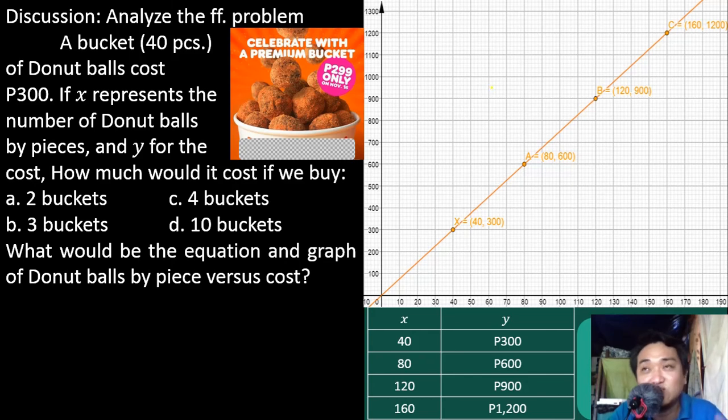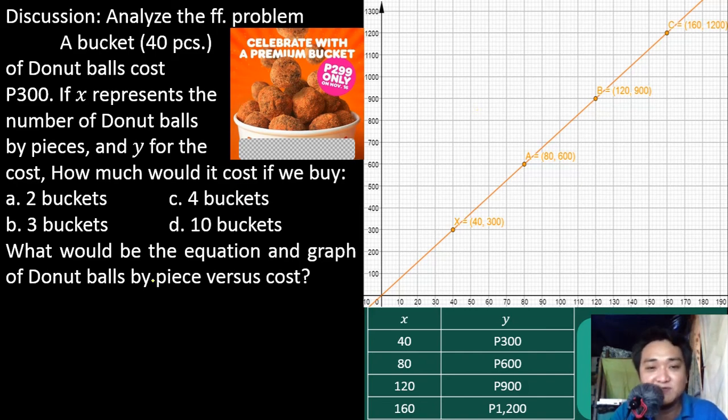So ang gagawin lang natin is i-zoom out lang natin yung graph. Makikita natin yung ibang values, mas mga malalaking values, at makikita agad natin immediately kung magkano yung magiging cost niya. Ito yung kagandahan ng linear equation sa graph. Napipredict natin yung mga susunod na values by just simply looking at the graph.